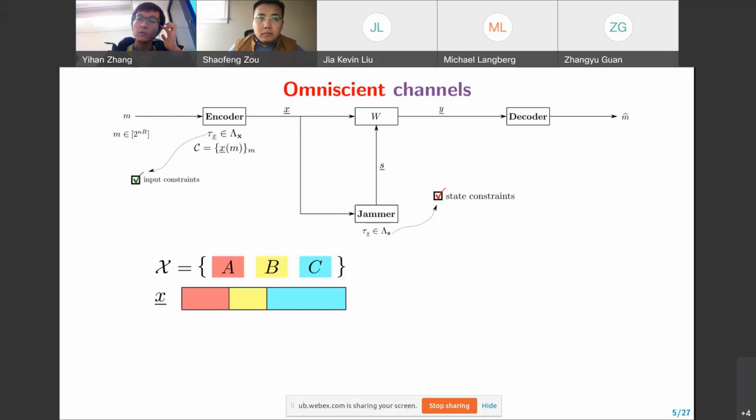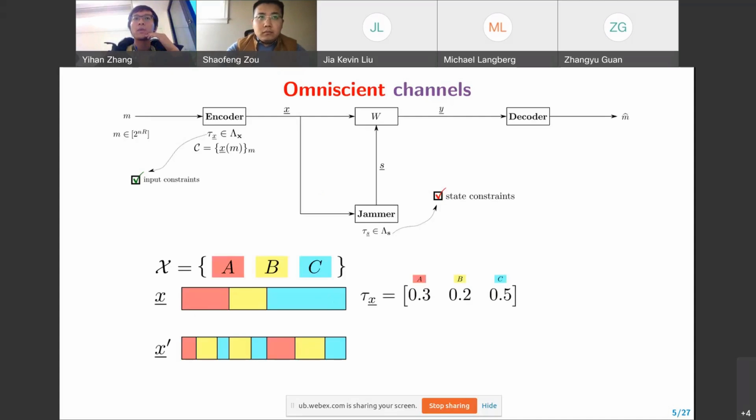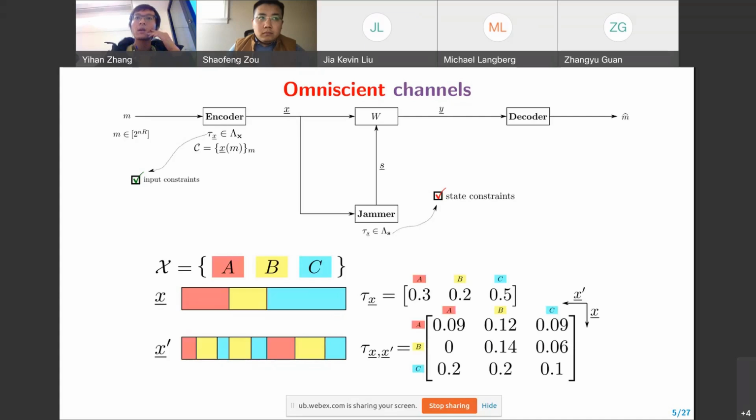Let's say I have a ternary alphabet A, B, C and I have some vector over it which looks like this. Then the empirical distribution, tau x, which I call the type of x, is just the frequency of each symbol appearing in X. Similarly, if I have a pair of vectors, I can talk about their joint type, or joint empirical distribution. That's nothing but a matrix. It's a joint distribution.